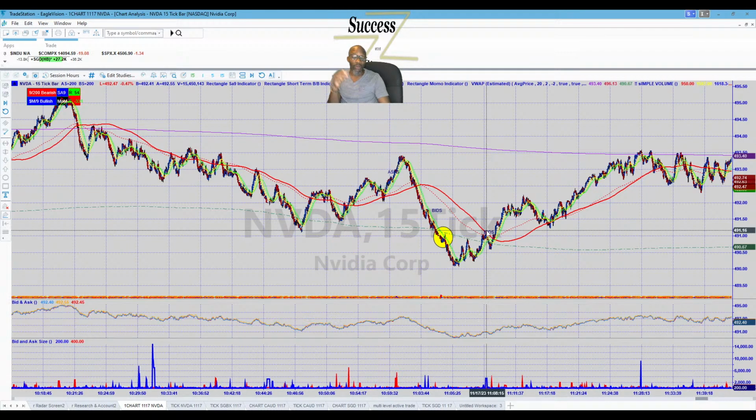If you put in a bid or an ask, it's going to come up down there at the bottom of the chart, in the blue or the red, as a bid or ask size. But when you put in a limit order, you're asking for the price or better. So when you're buying, you're asking for the price or lower. When you're selling, you're asking for the price or higher.